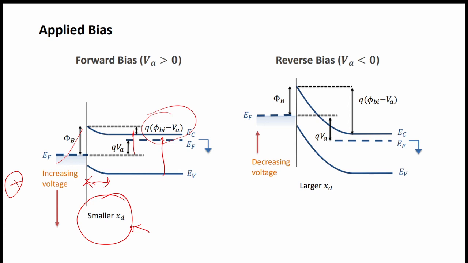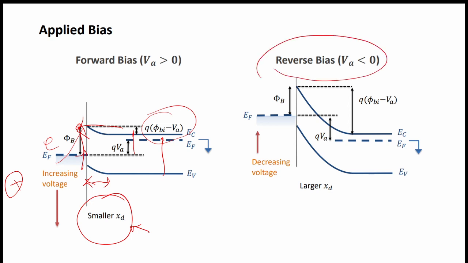But what will remain the same is the barrier that electrons find when moving from the metal to the semiconductor. Electrons from the semiconductor can move easily towards the metal. Now, what will happen if we apply a reverse bias?